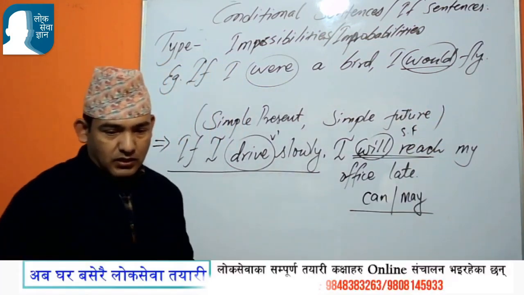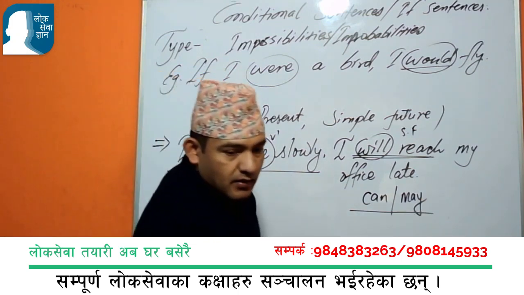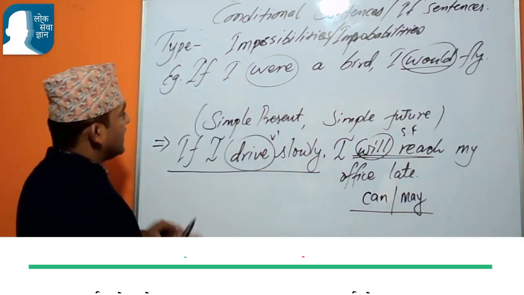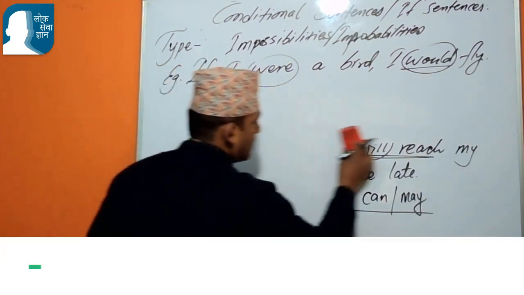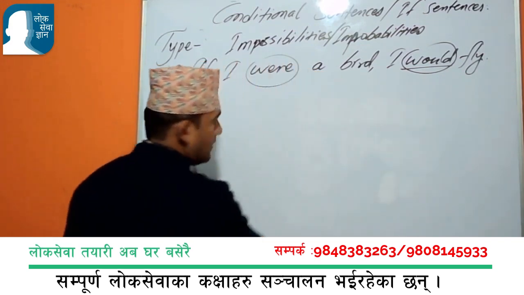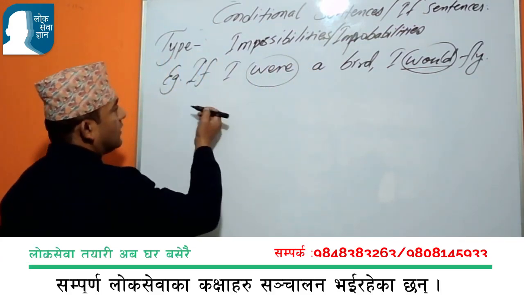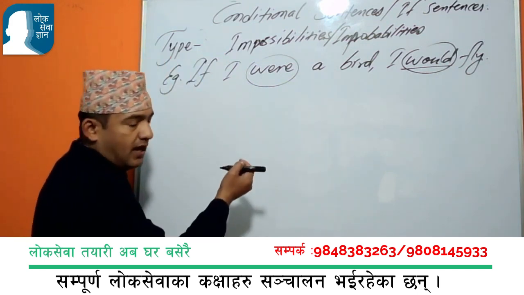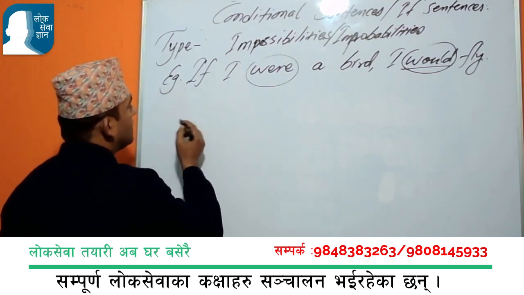But I am not actually a bird, that's why it is an impossible kind of thing. We can take the same sentence that we had written in type 1 and write it over here.